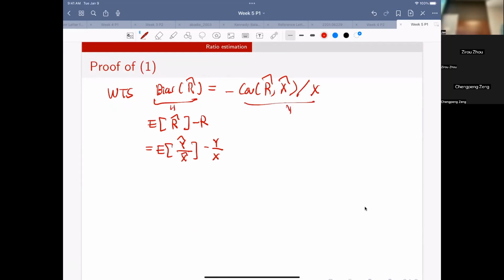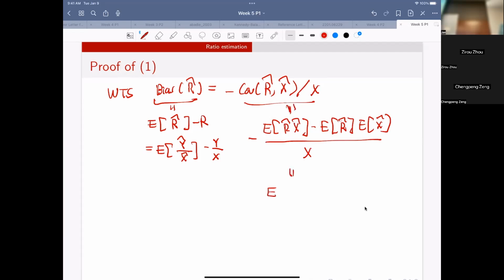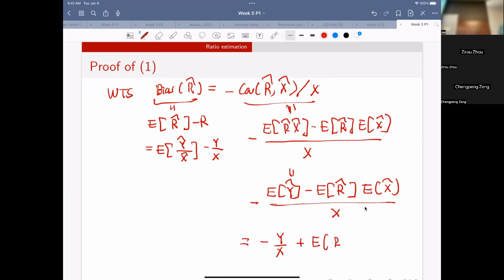The right side is the expectation of R hat times X hat minus the expectation of R hat times the expectation of X hat, divided by X. Which is the expectation of Y minus the expectation of R hat times the expectation of X hat, plus the expectation of Y. So basically that is the expectation of R hat minus R. So we proved this guy is equal to this guy.